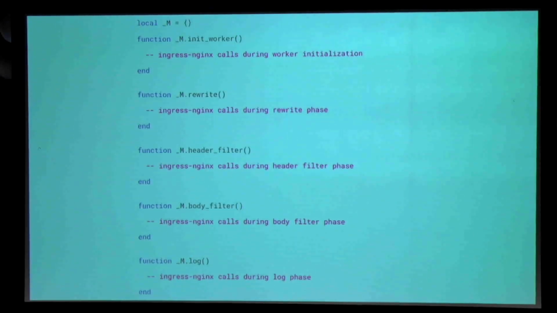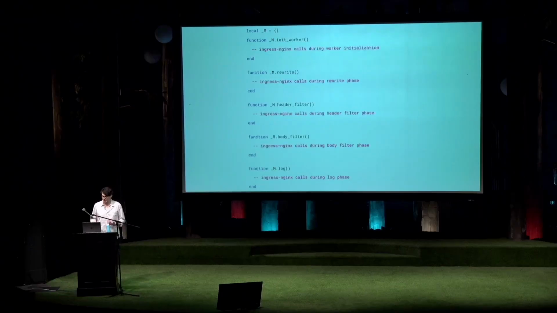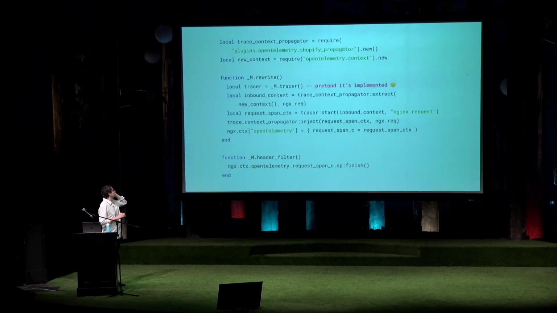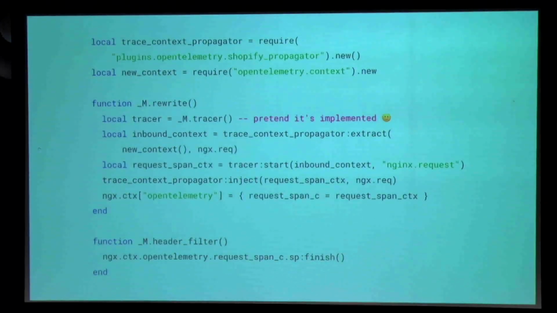So that led us to this fairly naive implementation of tracing in OpenResty. I'm just going to talk through the code here. On the first line, what we're basically doing is instantiating a Shopify custom propagator because we have our own tracing format as previously discussed. And then in the second line, we're instantiating a new OpenTelemetry context object, which is a little bit of inside baseball for the OpenTelemetry SDK, but effectively that's just where you shove the trace ID and the span ID, among other things.